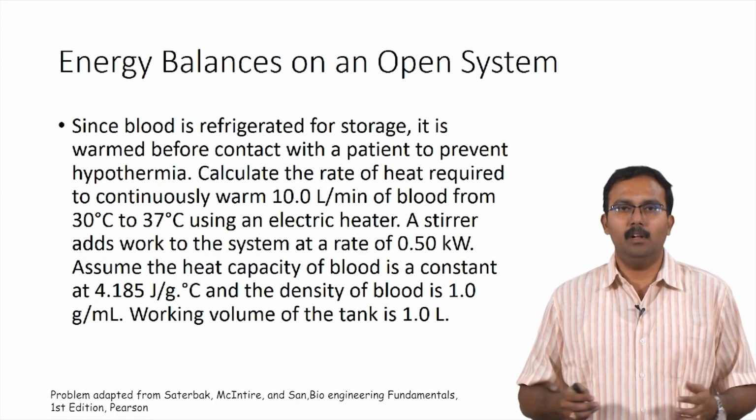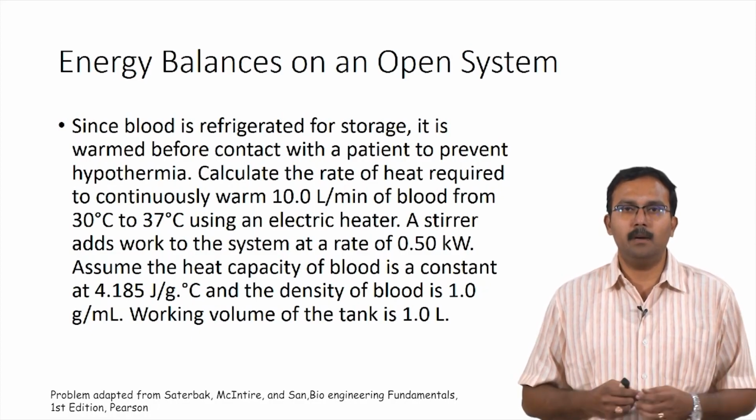So we have been given all the information that we need to perform the energy balances for this problem. Let us start solving the problem with the flow chart. So here we have blood flowing at 10 liters per minute. You also have been given that work is done on the system in the form of a stirrer, which is given as the shaft work Ws of 0.5 kilowatts.